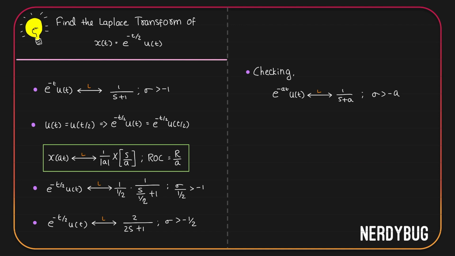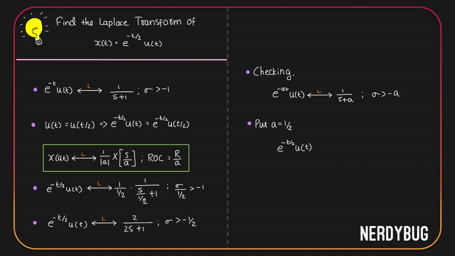Let us check if this is correct. We know Laplace transform of e raised to minus at u of t is 1 by s plus a. ROC is sigma greater than minus a. Here a is 1 by 2. So put a is equal to 1 by 2. Then we get the Laplace transform of e raised to minus t by 2 u of t by 2, but it is the same as u of t.